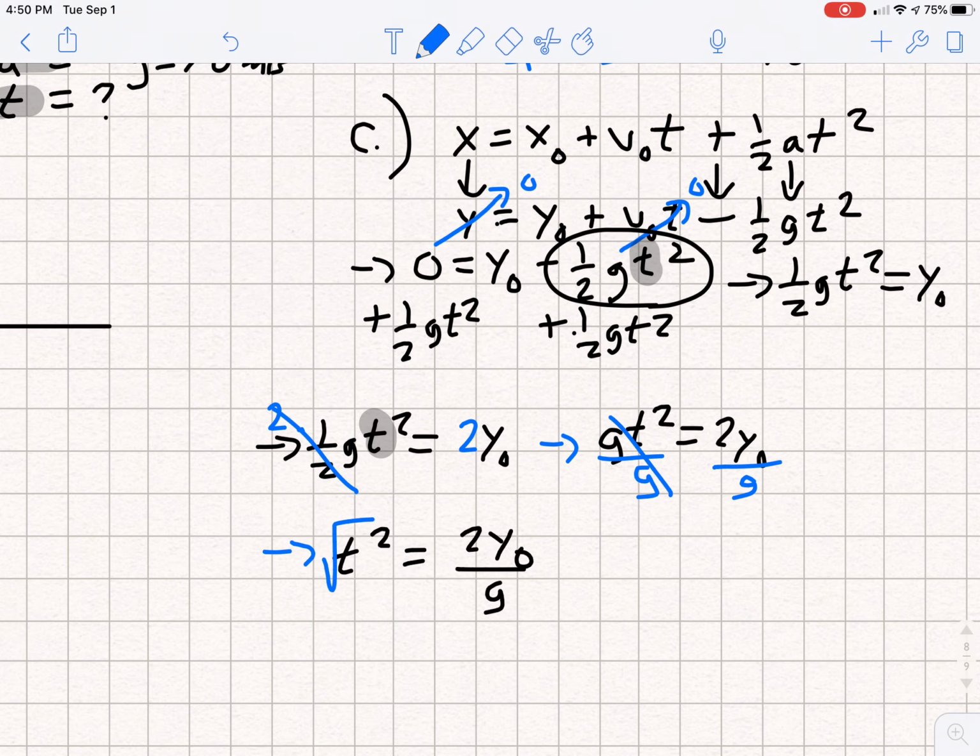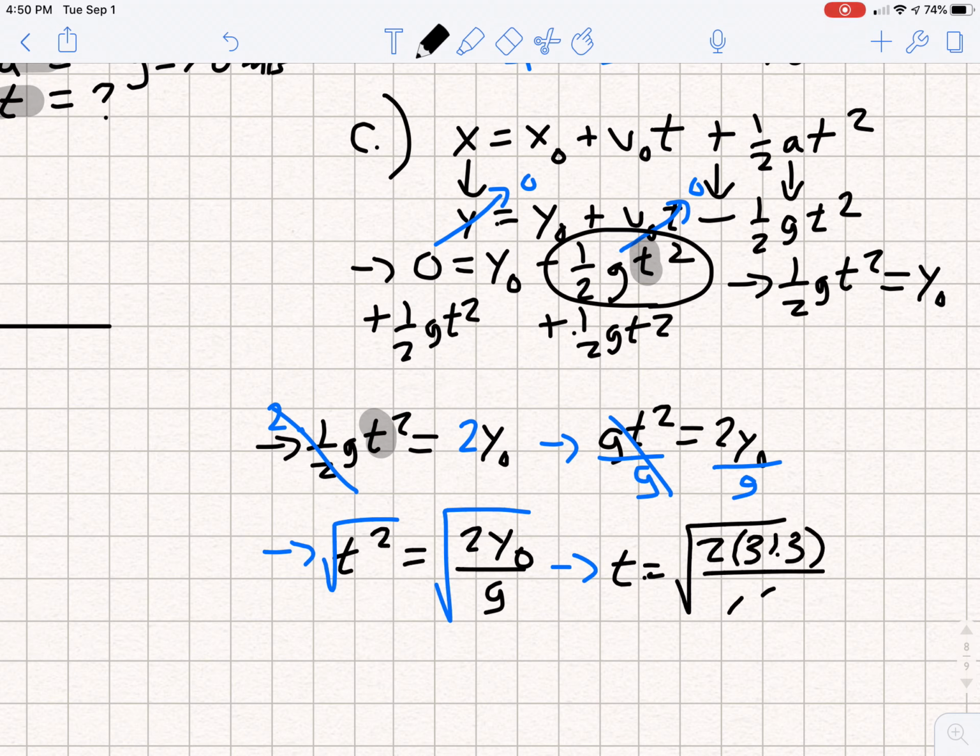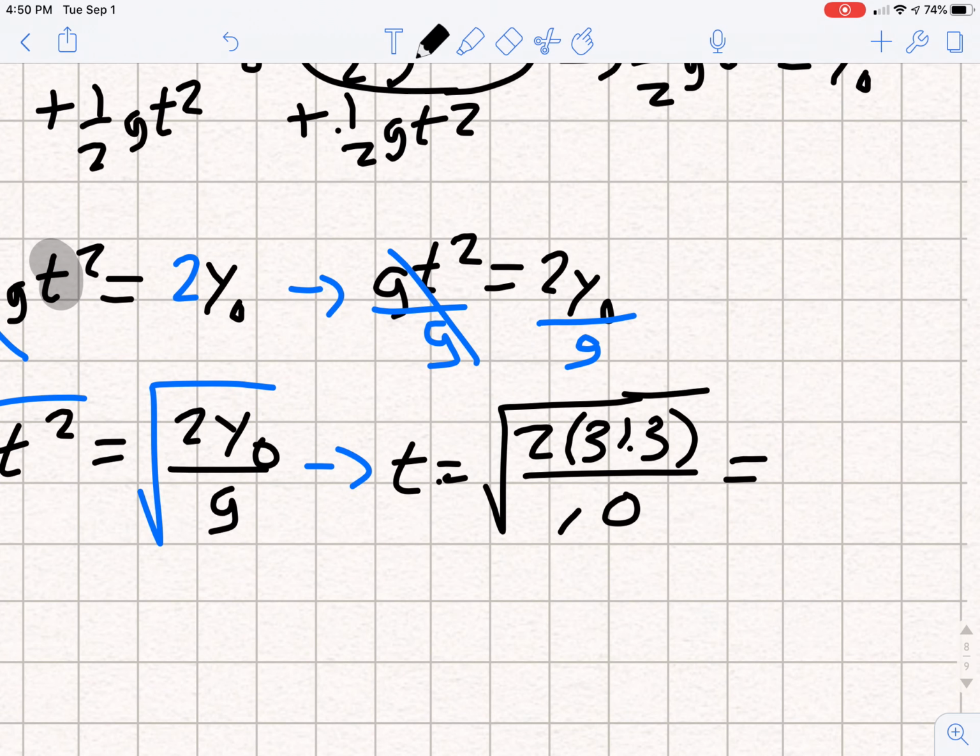Last step in solving it, I'm going to square root both sides. And t is equal to the square root of 2 times 31.3 over 10. And when we put that into our calculator, we get roughly 2.5 seconds.